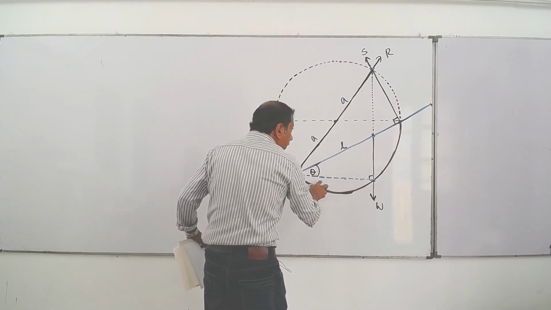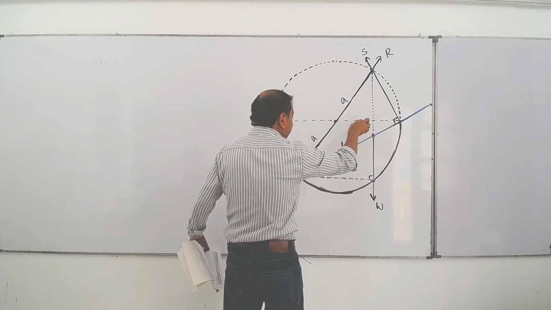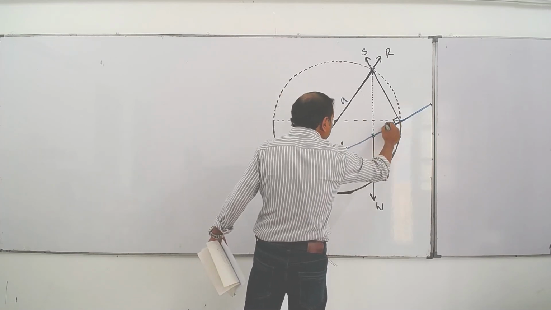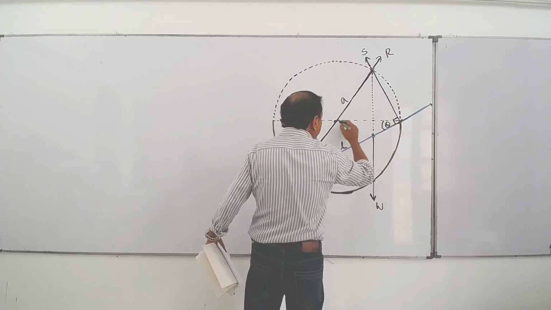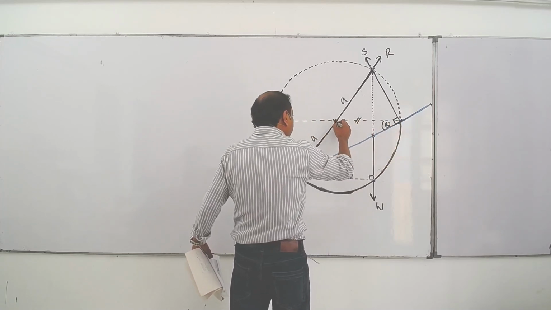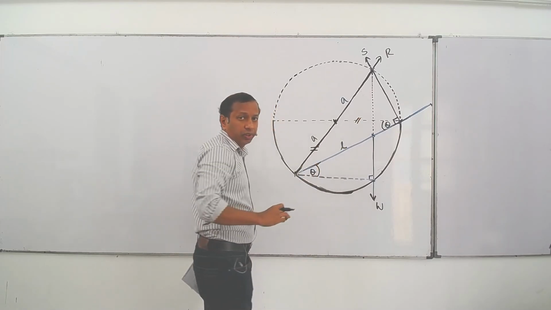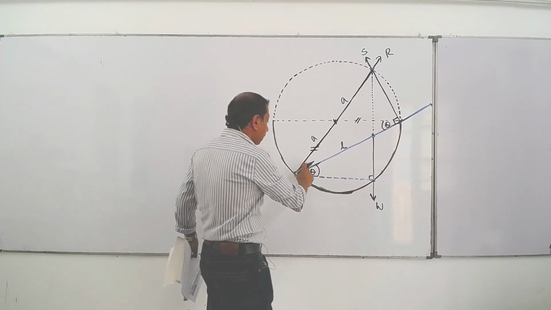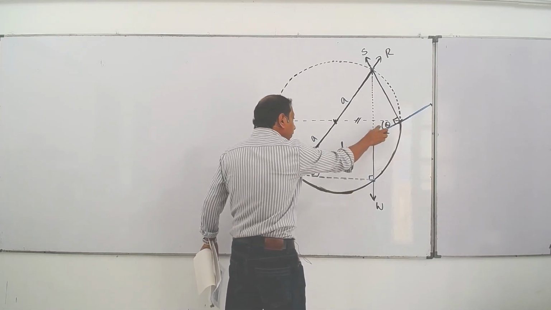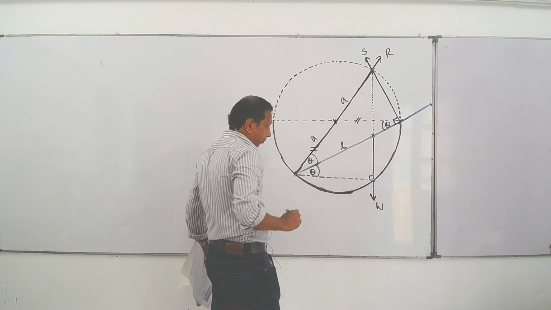Because this line is horizontal and this is also horizontal, if this is theta, this is also theta. From here to here is the radius, and from here to here is the radius. These two sides of the triangle being equal means this angle and this angle are equal. Since this is theta, this is also theta.